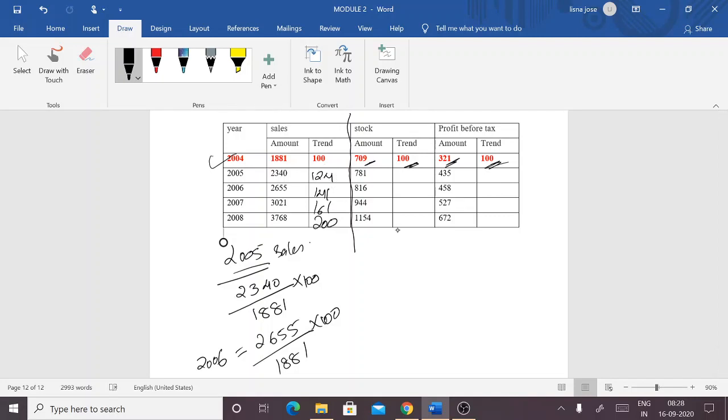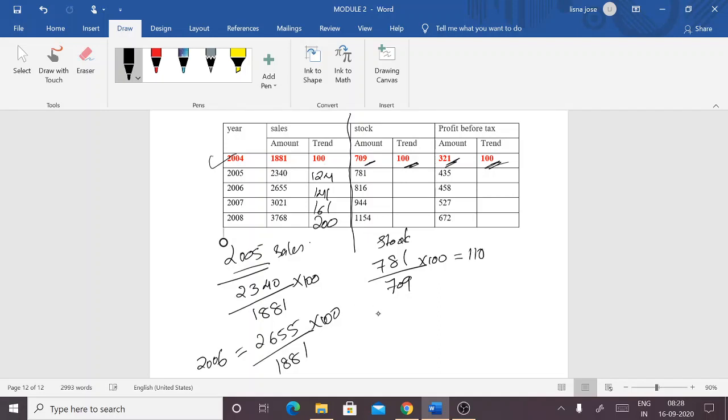So just like that you can calculate the stock also. Here the first year is taken as base and its trend is taken as 100, and for 2005, how can you calculate? 781 divided by the base year figure, that is 709, into 100. And what is that figure? It is 110.